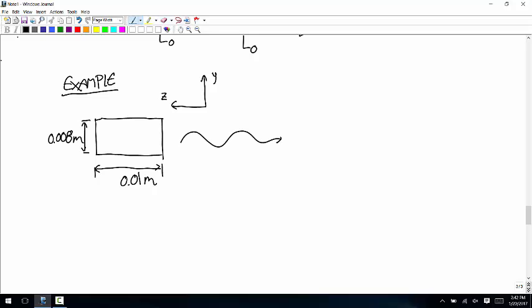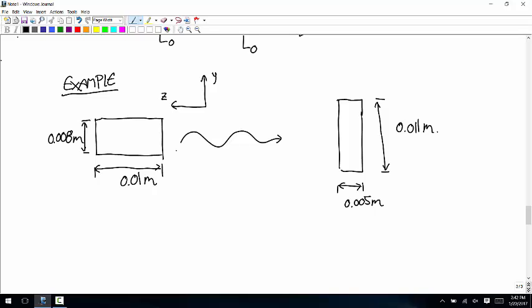Under deformation, we end up with a thing that has a width of 0.005 meters, a height of 0.011 meters, and no change in the out of plane thickness.